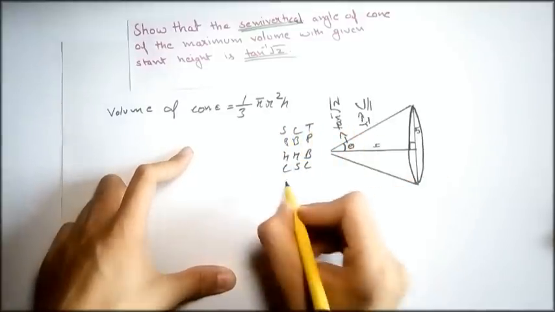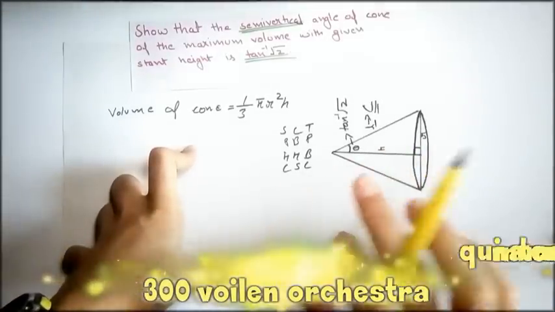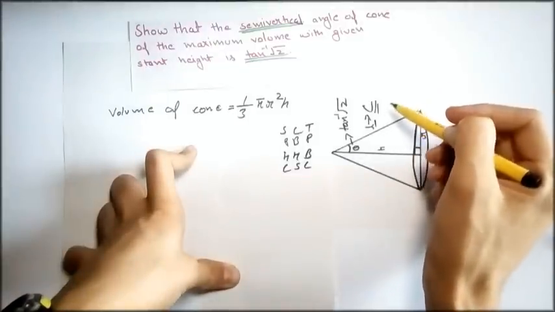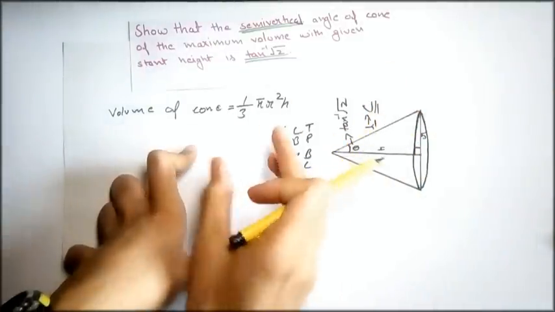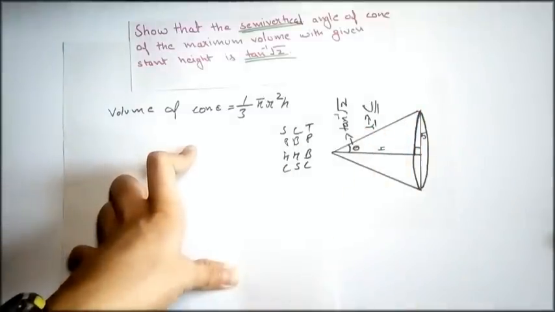Sine, cos, tan, cosecant, secant, cot. We will express them with respect to L, because L is constant and we won't differentiate it. We will have theta, we will differentiate, and then we can find theta.